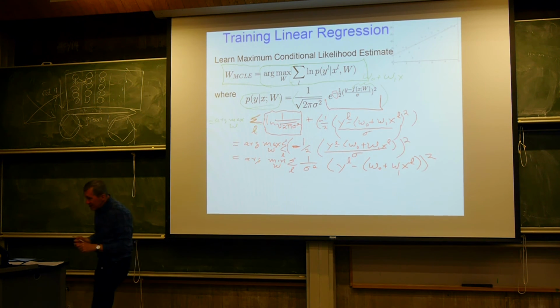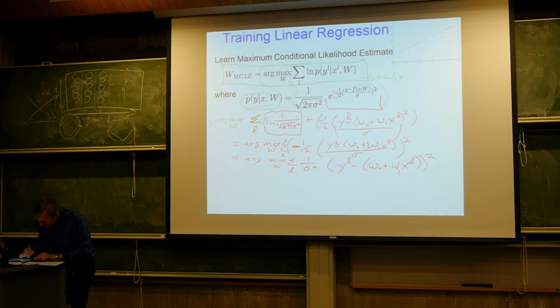And for example, I'll call this L of W, the log likelihood of W. If I want that partial derivative of that thing with respect to, say, W1, for example, what's that derivative?